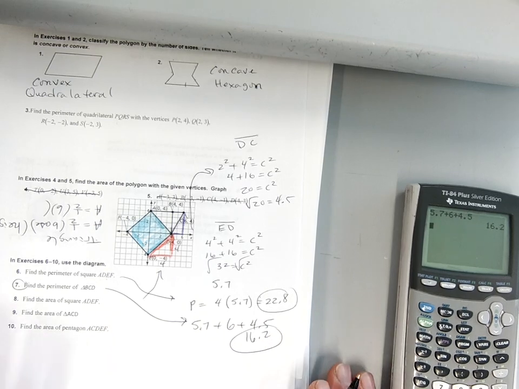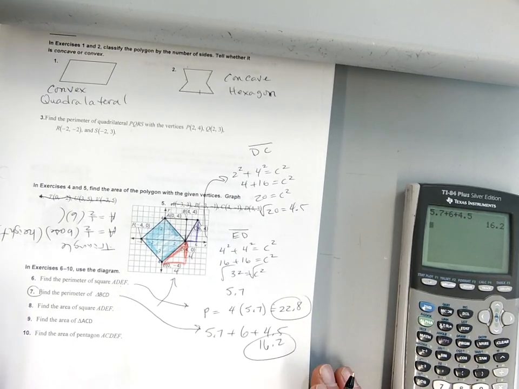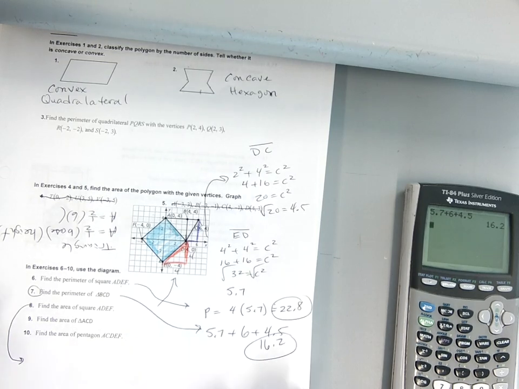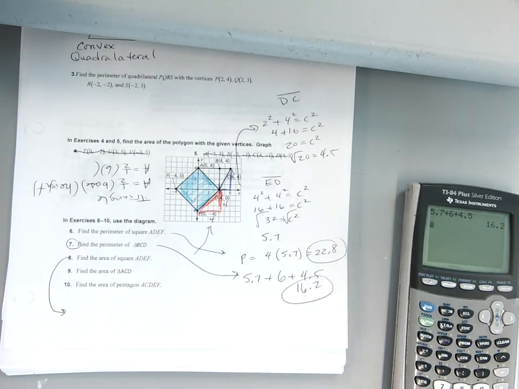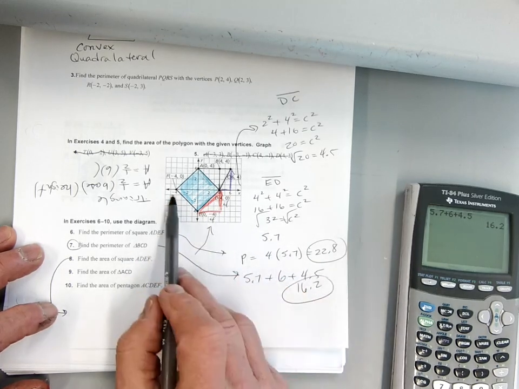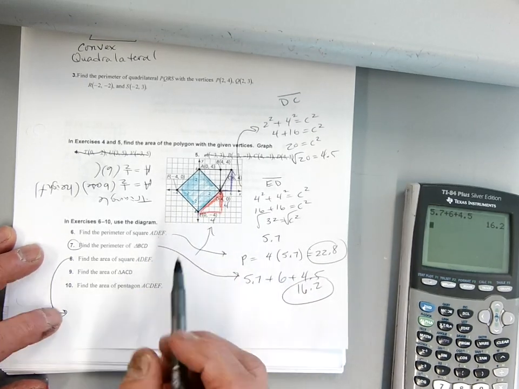Okay. Now, 8's going to be pretty easy. 8 is the area of the square, so I'll put 8 down here. How do you find the area of a square? We found the length of the square. The length was this length, which was 5.7.